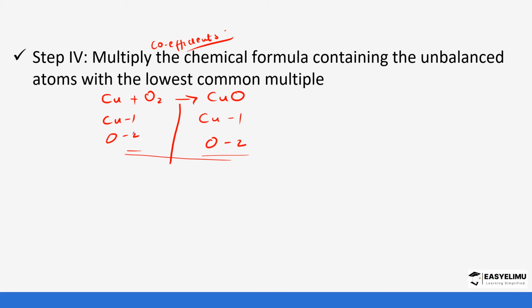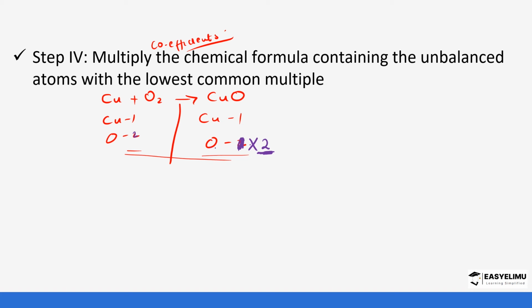So we have two atoms of oxygen on the reactant and one on the product. How do we make this one to become two? So what we'll do, we'll multiply by two. This two is the coefficient. And the moment you multiply by two, you need to put it where oxygen is in the equation.